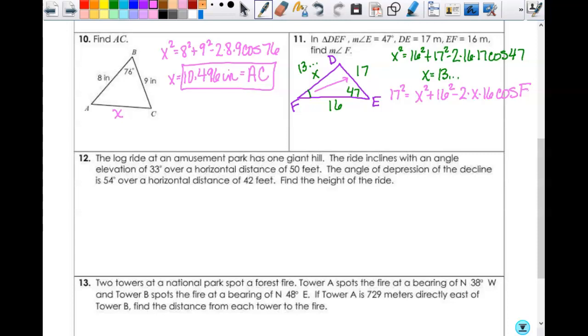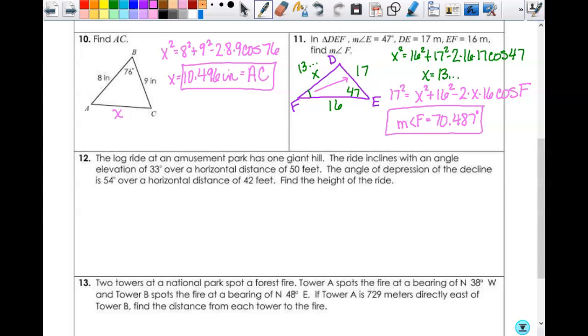And then you take the cosine inverse, and in the end, you get that the measure of angle F equals 70.487 degrees. And you actually get that if you do the law of sines also. But remember, that wouldn't have worked on the one above it, so, you know, it is what it is. You got to know how to play it safe.